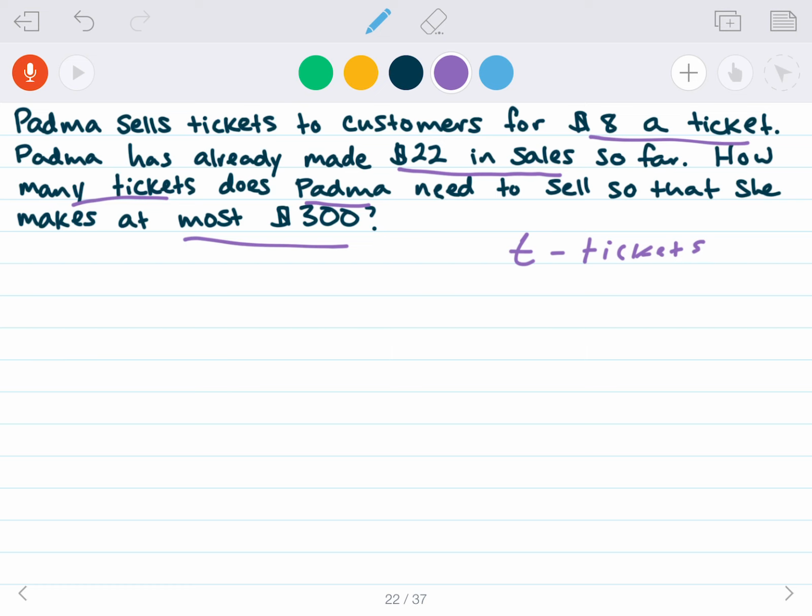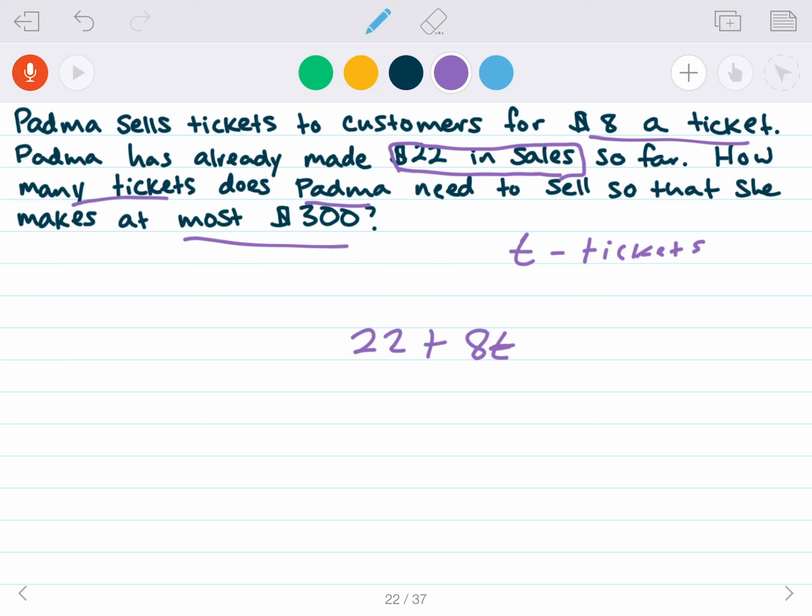Now, she's already made $8, or sorry, no. She's already made $22 in sales. So we're going to take 22 and we're going to add on $8 a ticket. So $8 for every ticket. So that's our expression there. And we want to know how many tickets she needs to sell so that she makes at most 300.